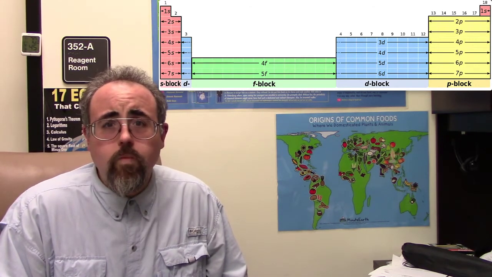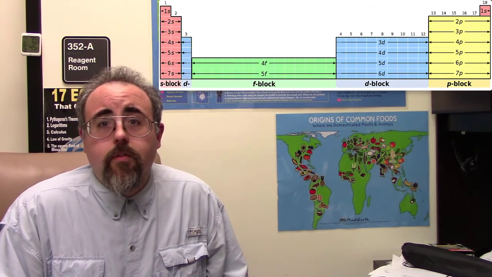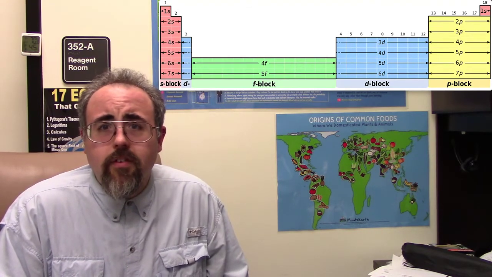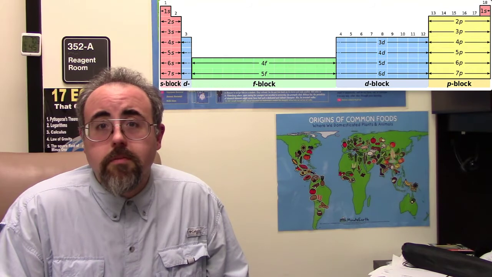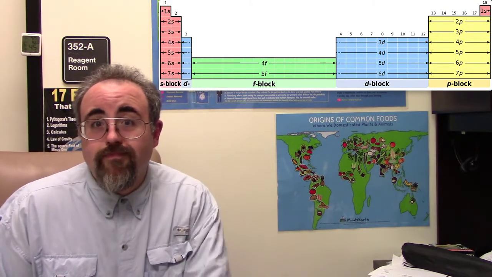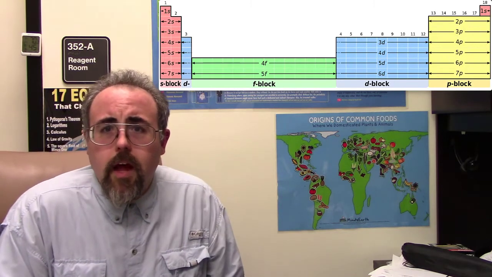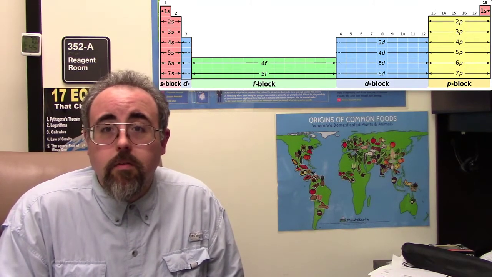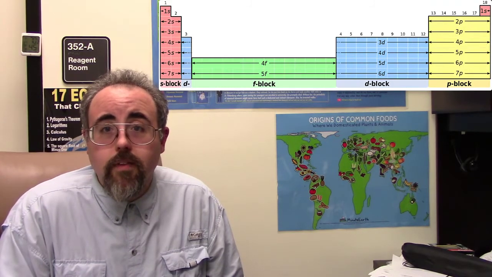Now, the transition metals, of course, the dip in the middle, that is also what we call the D block. This is a case where the d orbitals are dominating the chemistry of that particular block. The p block is next to it, and this, of course, is the p orbitals dominating the chemistry of that particular block.